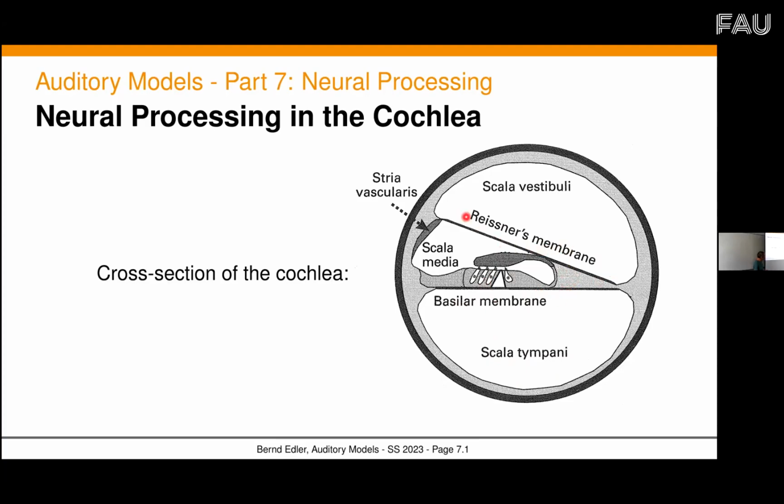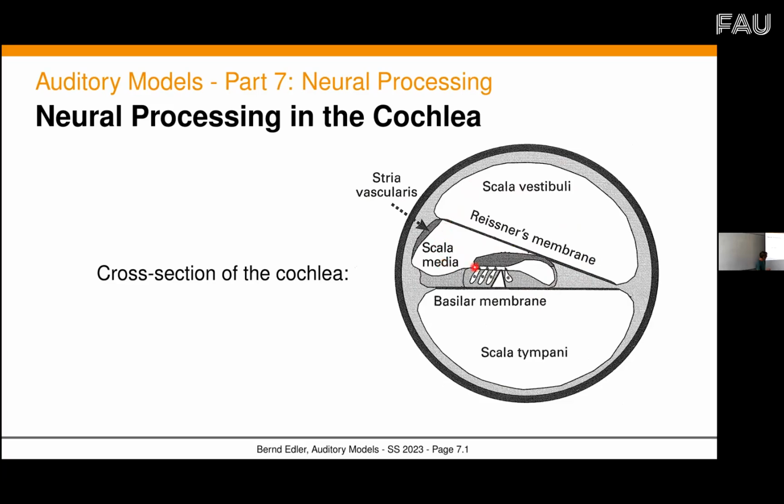But we see here another membrane, which is called Reisner's membrane. And this membrane has no direct mechanical effect, but it's more of an electrical effect, because there is one thing which is called stria vascularis, and this can generate and emit potassium ions into this part, which is then separated from the other parts.